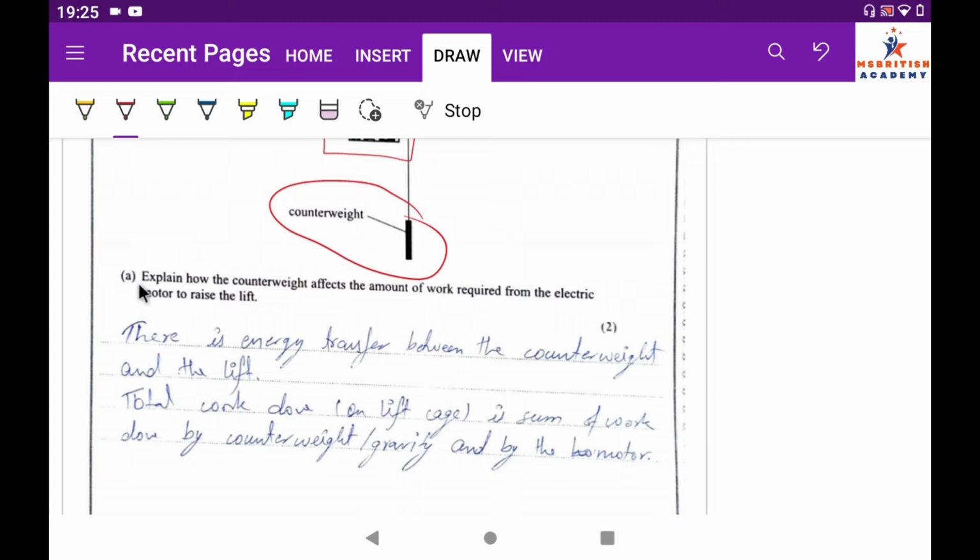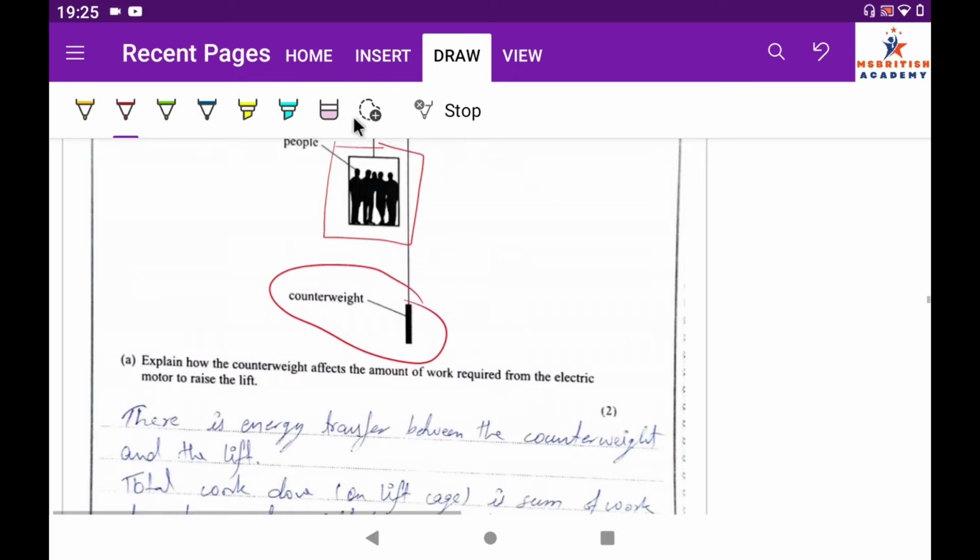So what we can write: there is energy transfer between the counterweight and the lift. The total work on the lift cage is the sum of the work done by the counterweight or gravity and by the motor. Means if the counterweight comes down, the lift will go up.